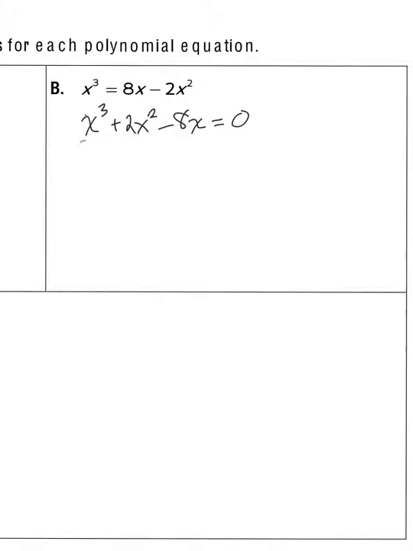Then using my factoring skills, I notice I have a GCF of x, so that gets brought out in front. And I'm left with x squared plus 2x minus 8. So then you want to ask yourself, what factors of 8 subtract to give me 2? Well, that would be 2 and 4.